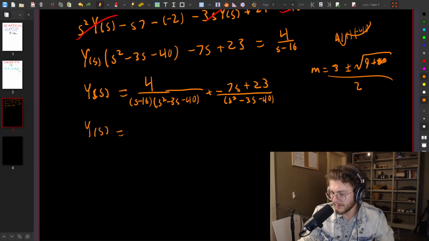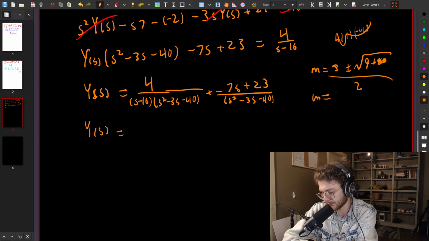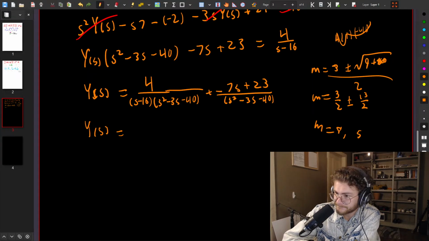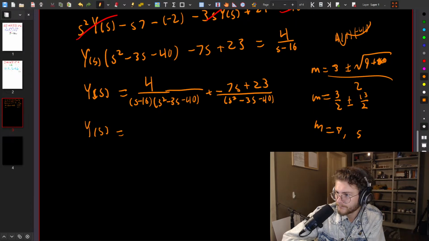It's 13! The square root of 169 is 13. So m equals 3 halves plus or minus 13 halves. So 3 halves, 3 plus 13, do you know what that is? It's 16. M equals 8 or negative 5, because 3 minus 13 is negative 10, and you divide that by 2, that's negative 5.